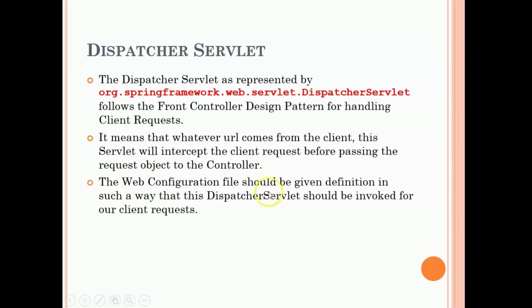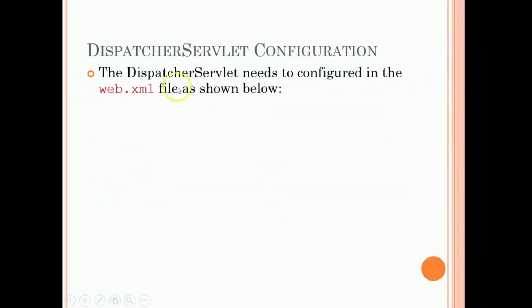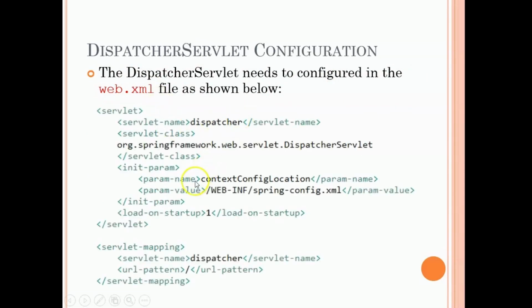That being said, for a dispatcher servlet we need to configure it in web.xml. I've already said this before. Something like this is how you define it. You have a servlet tag. It has a servlet-name tag wherein you can write dispatcher. Again, this name can be anything.